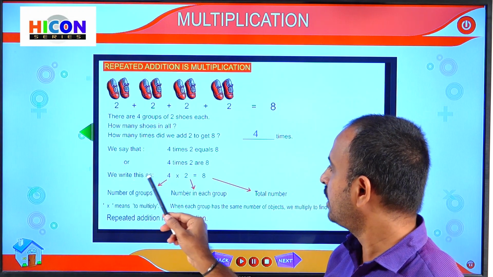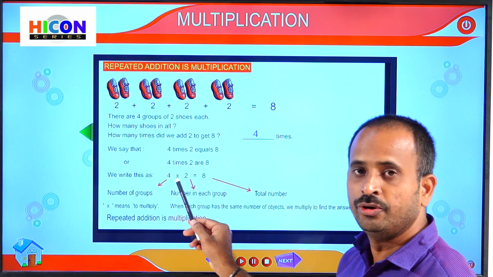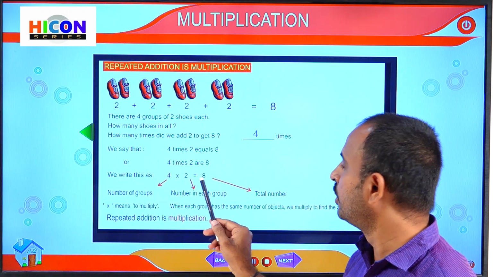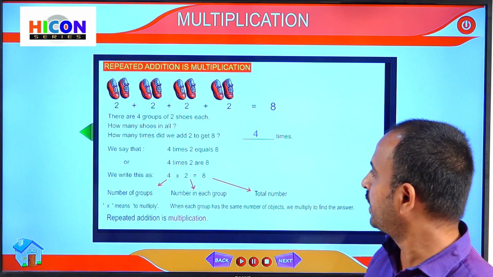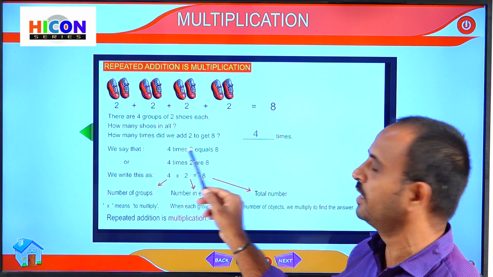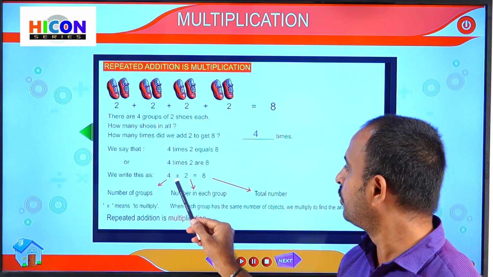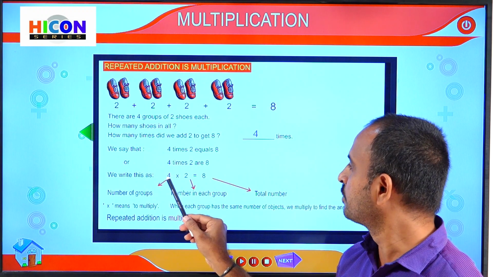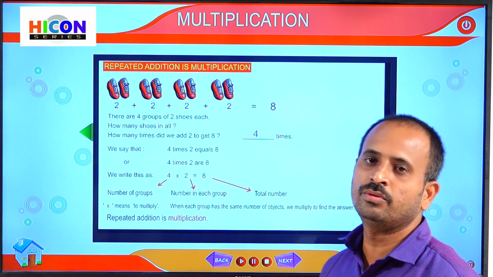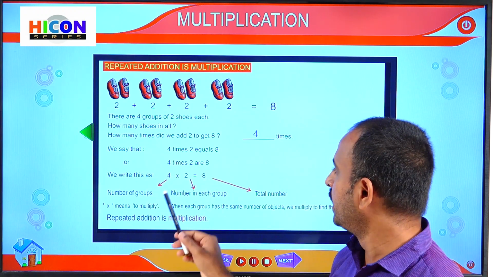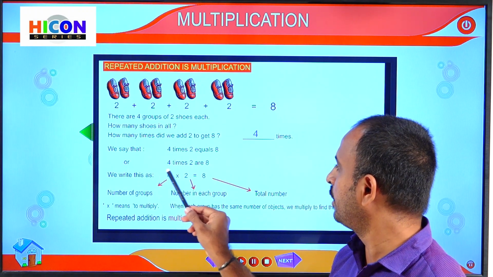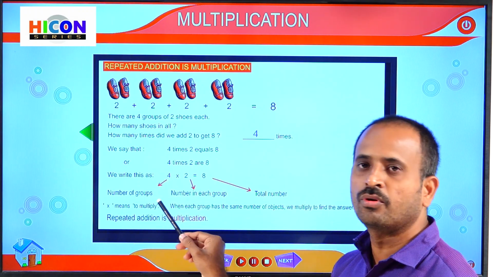And we write this as 4 into 2 is equal to 8. So we can convert this repeated addition into multiplication as 4 into 2, that is 4 2s is equal to 8. So in multiplication, the first number represents the number of groups.